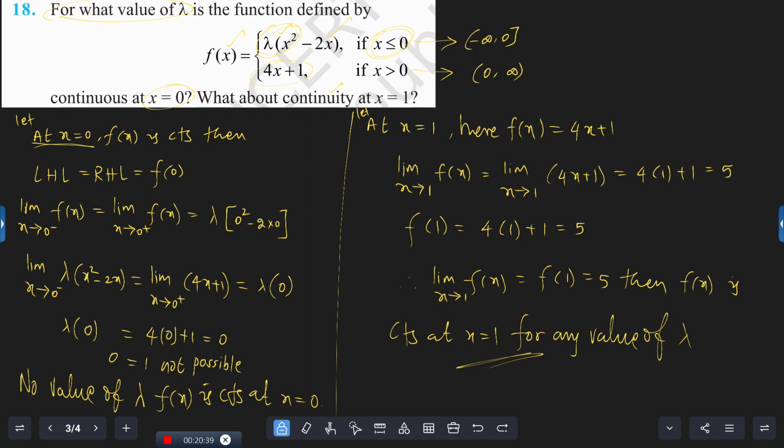Lambda disturbs our answer only at 0 and below; above 0, lambda never disturbs our answer. So for any value of lambda, it is continuous at x equal to 1. That is the final answer. Is it okay, my dear?